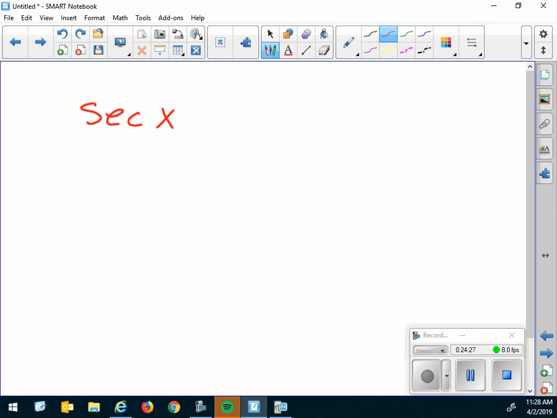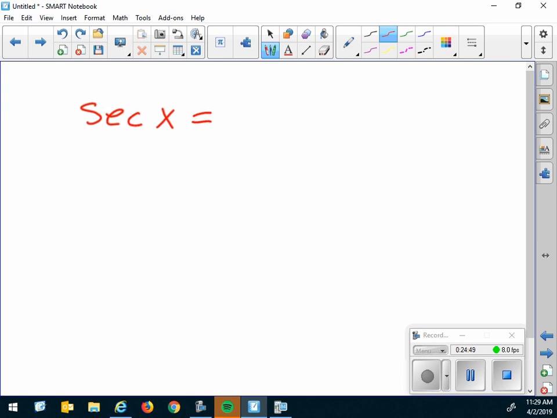And I heard somebody snicker and I looked and I went, oh, holy crap, look what I just did. So every time now that I write secant x, I am so careful. You do not have a secant x button on your calculator to graph.